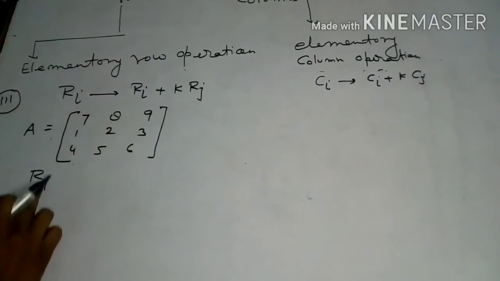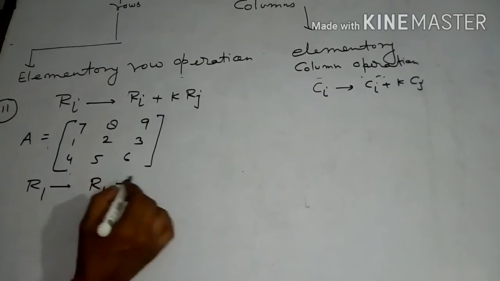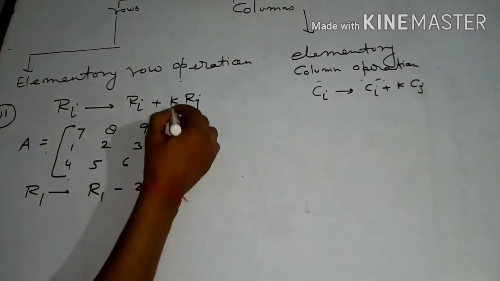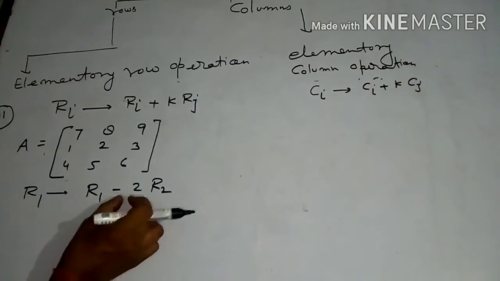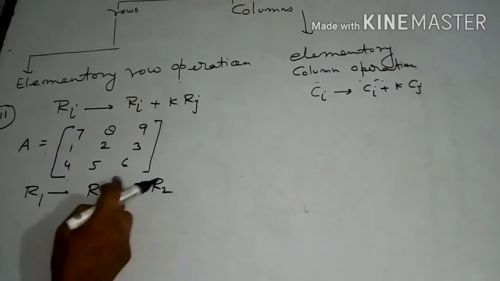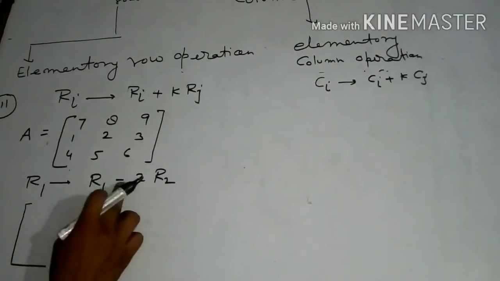In place of i, we take R1. So this is R1 minus 2 R2 that we want to do, and in place of k we write minus 2, and in place of j we write 2. When we apply this operation, what will we get? R1 minus 2 times R2.